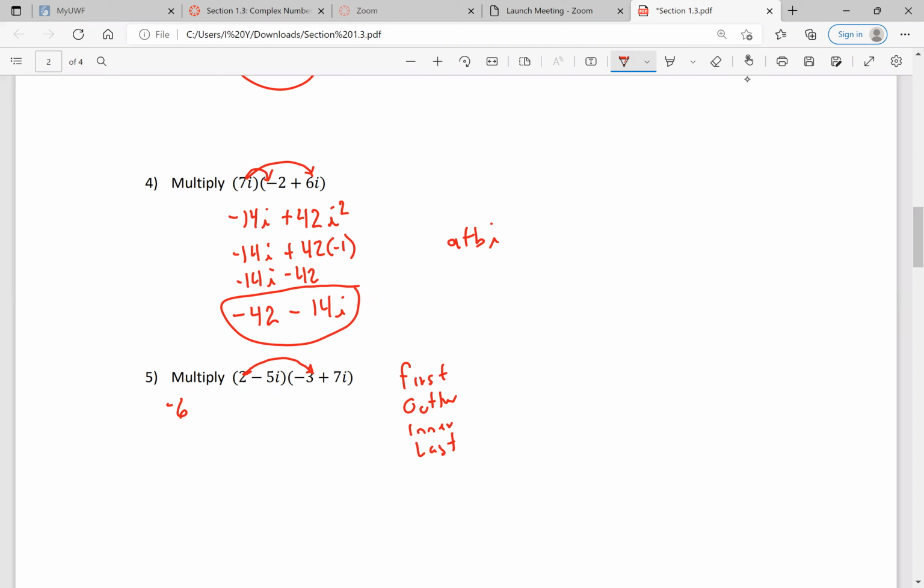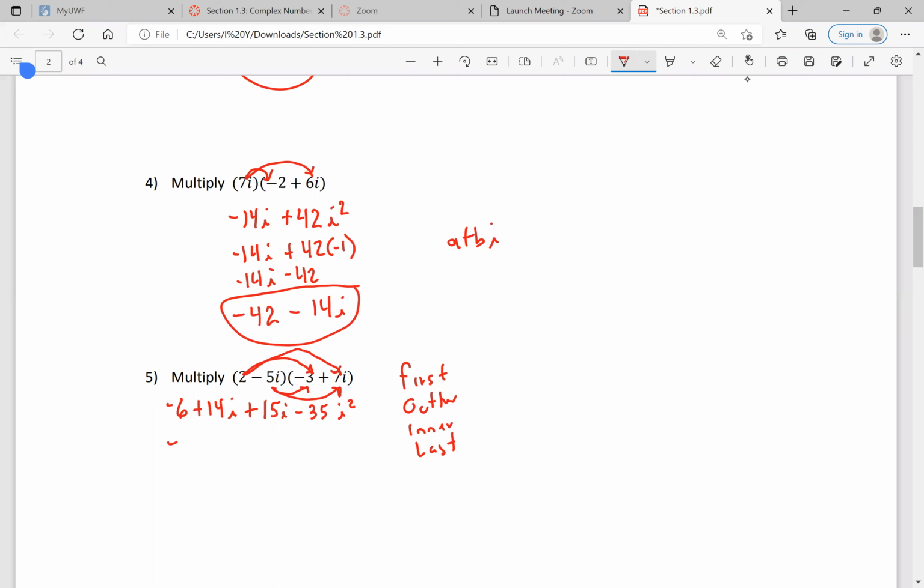Outer times outer, 2 times 7i is 14i. Inner times inner, -5i times -3 becomes a positive 15i. And last times last, negative 5i times 7i is negative 35i squared. And don't forget to square that i.